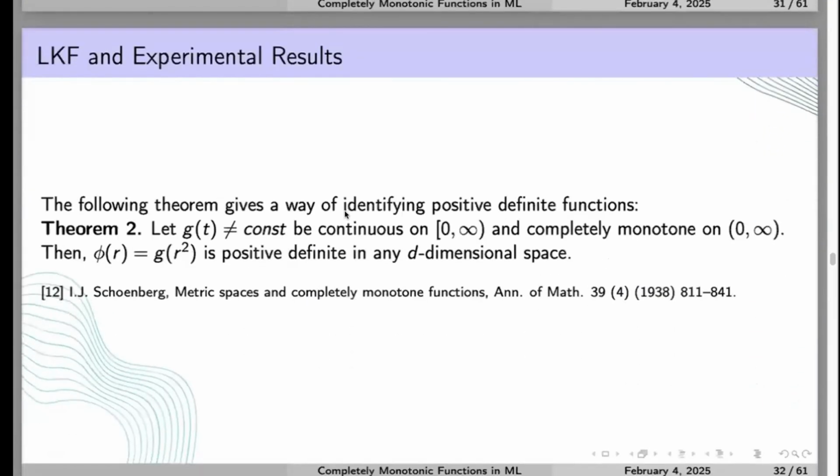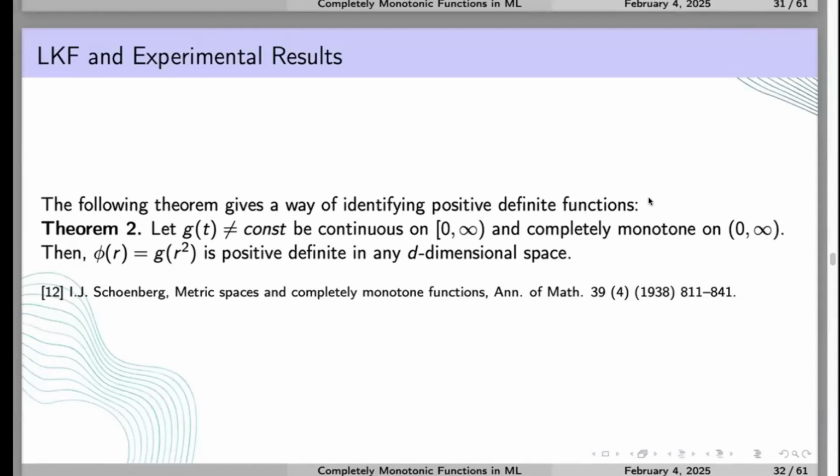The following theorem gives a way of identifying positive definite functions. This is the main part of our paper. As far as I have read, I didn't see any kernel function established from such a mathematical view to use in machine learning or any other application area.